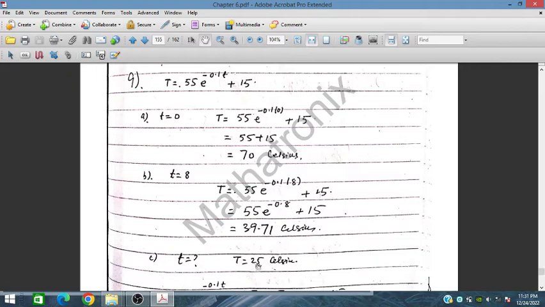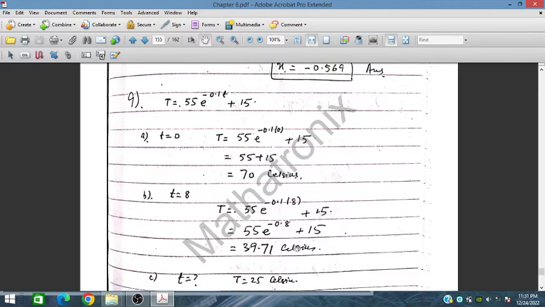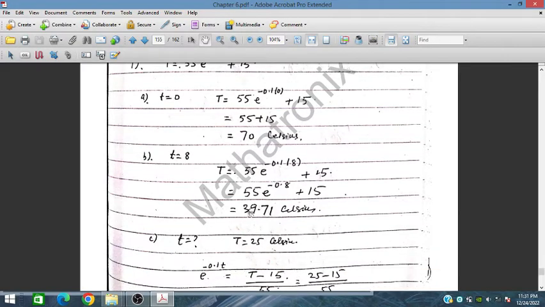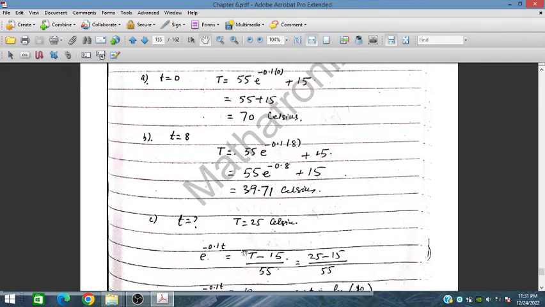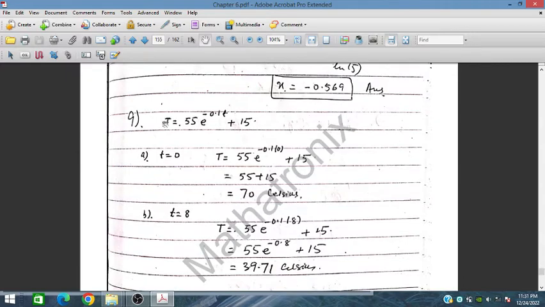And at capital T equal to 25, at what time would it be? It will take more time, because after 8 minutes the value has been reduced, so this value would be reduced taking more time. So this is by placing T is equal to 25 here and rearranging to find this value t.